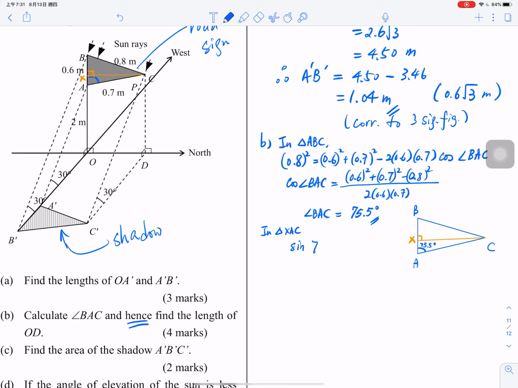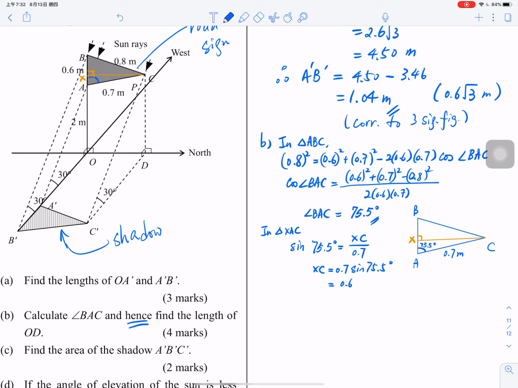Sine 75.5 degrees equals opposite side over adjacent side, right? So XC equals 0.7 times sine 75.5 degrees.